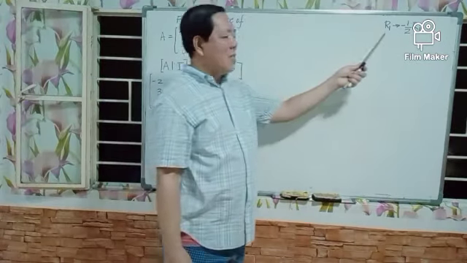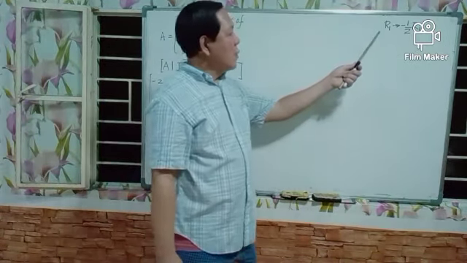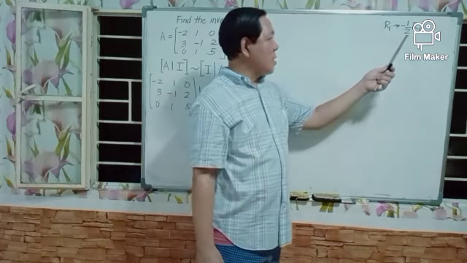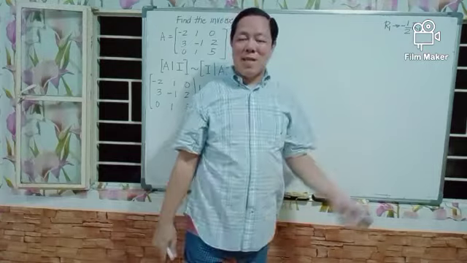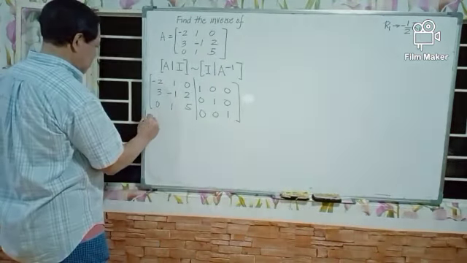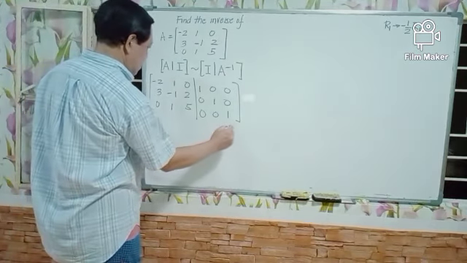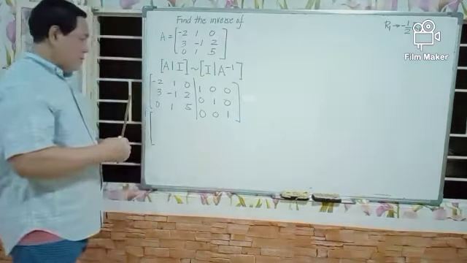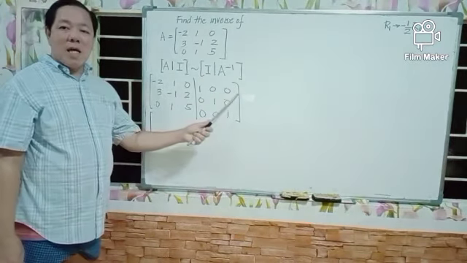And we perform this operation. This is the second type of elementary operation, where row 1 is replaced with the scalar multiple of row 1, with negative 1/2 being the scalar. Or we simply divide row 1 by negative 2.